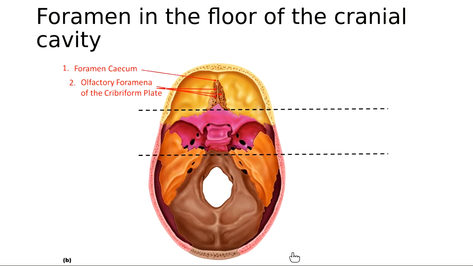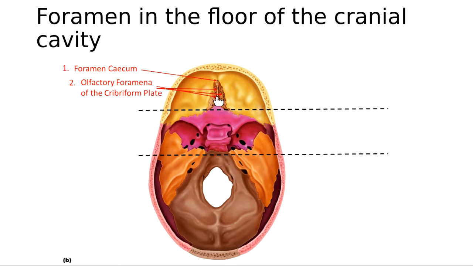There's only 2. There's a single one here at the very front called the foramen cecum. Cecum means pouch or a little sac type structure, so this one's called the foramen cecum. So only one little hole. The next one, there's a whole bunch of them, and they're called the olfactory foramina. That means that's plural.